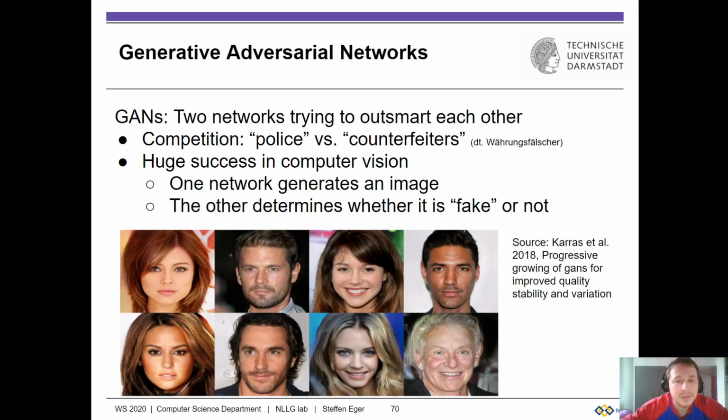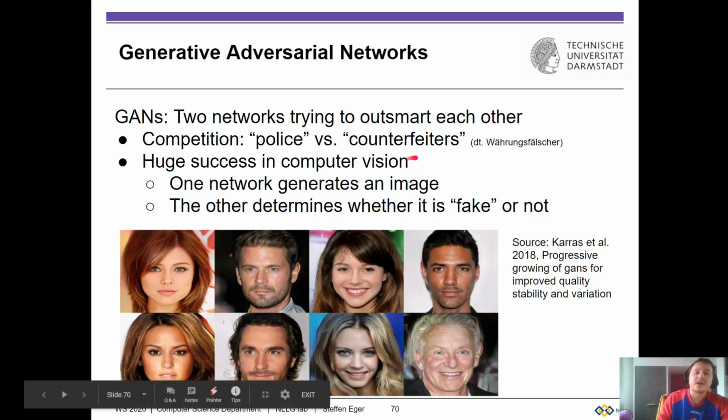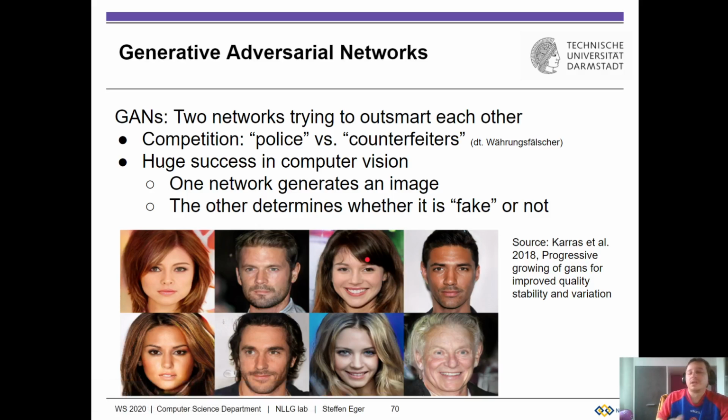So they iteratively improve each other until they reach an equilibrium where the counterfeiters are so good that the police can only randomly guess. So actually what the counterfeiters produce is indistinguishable from the real data. And once you have trained this, you just use the counterfeiters to produce new data, right? So this is a cool idea.